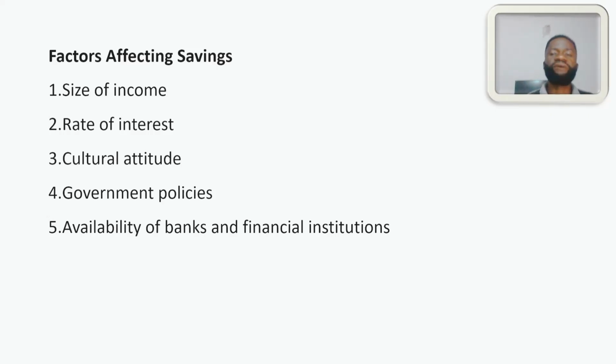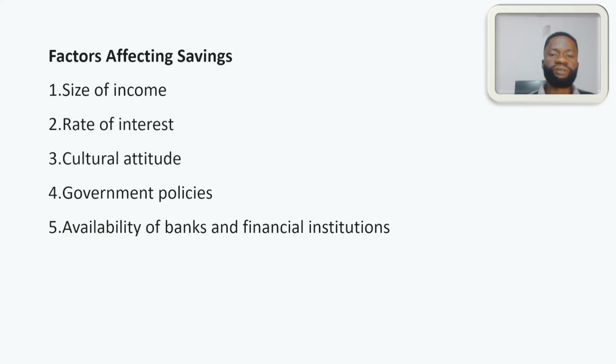Now, the next point is the availability of banks and financial institutions. When people can easily have access to financial institutions such as banks, microfinance banks, cooperatives, and even mobile banking services, this may play a greater role in determining the level of savings. So when financial institutions are easily accessible, people find it convenient to save.